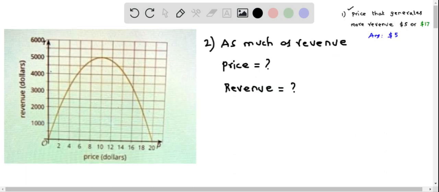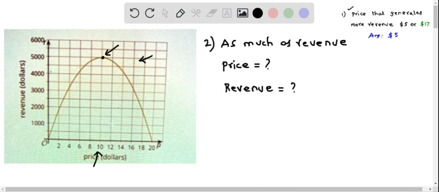In question two, we determine the price at which the company could sell to make as much revenue as possible. For this, we are going to look at the graph and determine the maximum value attained by the graph of the function. Clearly, when the price is $10, we see that the graph reaches the maximum point over here.